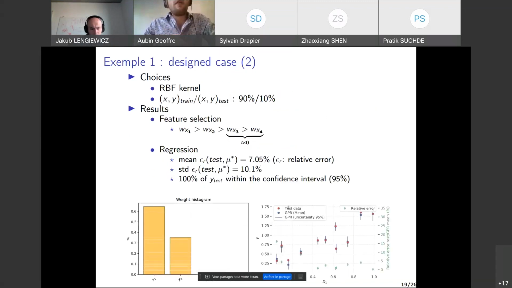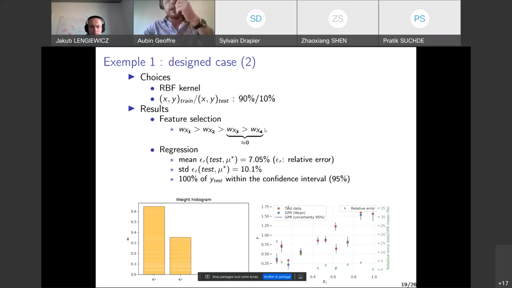About the modeling, we have chosen an RBF kernel with a decomposition between train set and test set of 90 percent train. So basically, the results we observe here are the following. For feature selection, we retrieve that X1 has the biggest weight, and then X2.